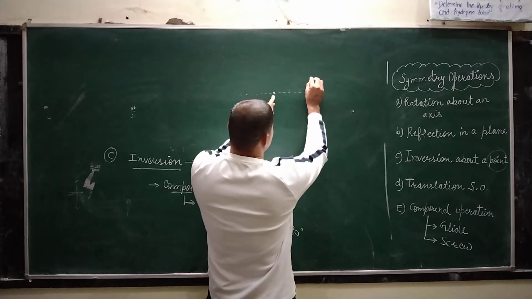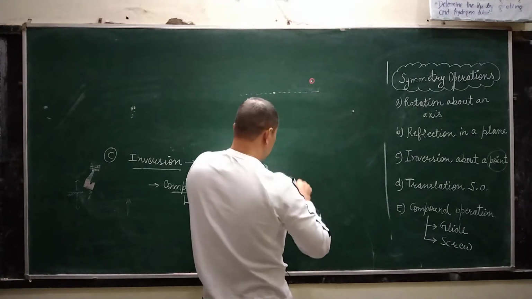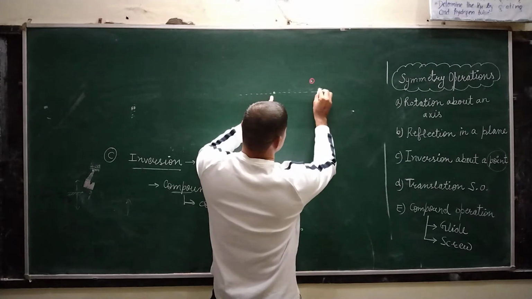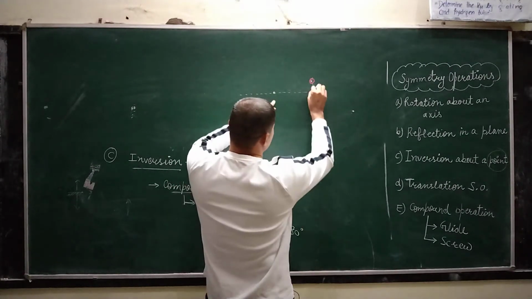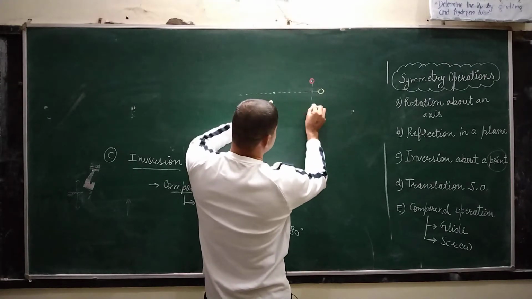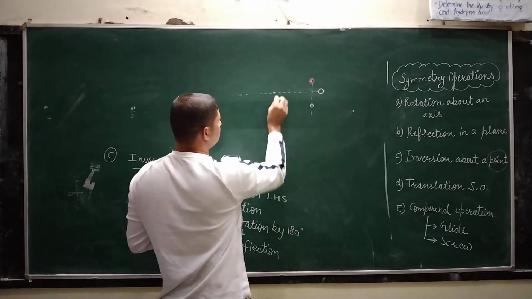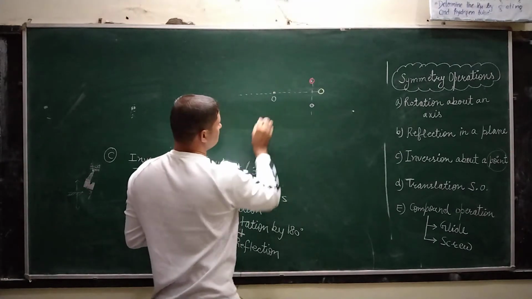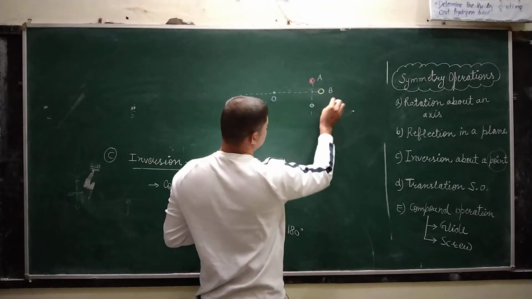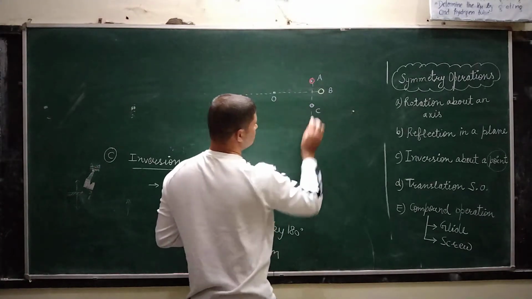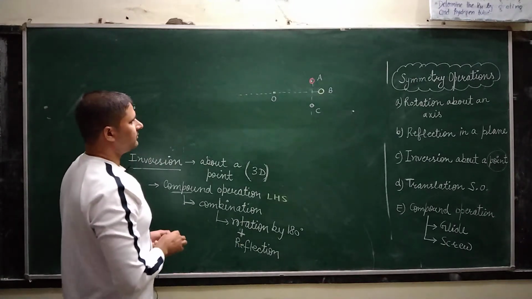Let me use different colors. This is a particle, and this is another particle, and we have another particle here. Let this point be O, and this is A atom, B atom, and C atom.